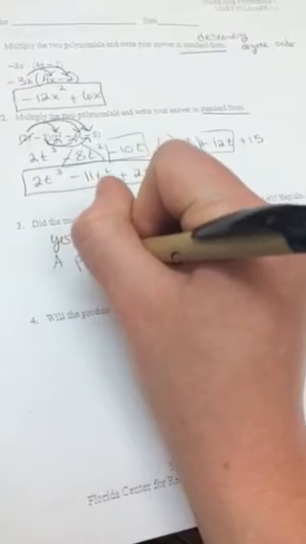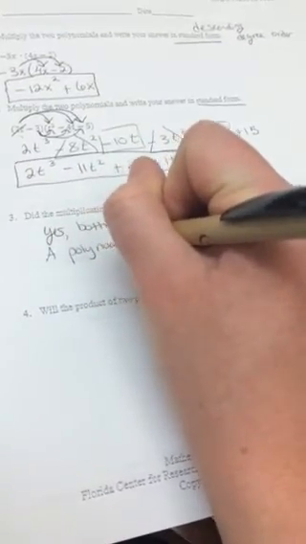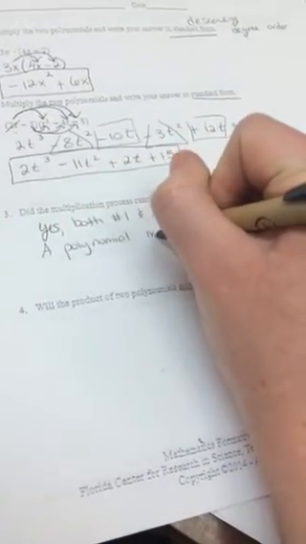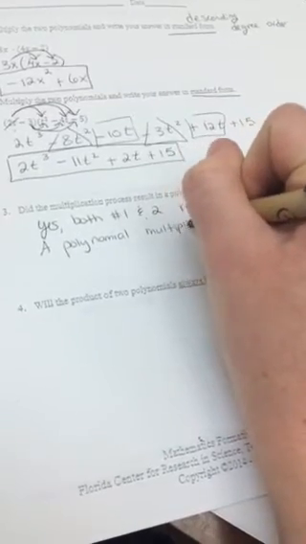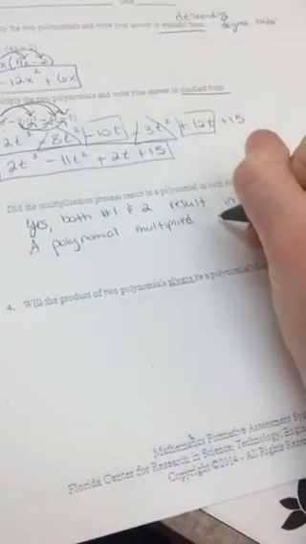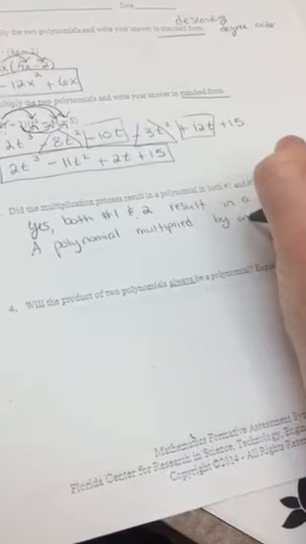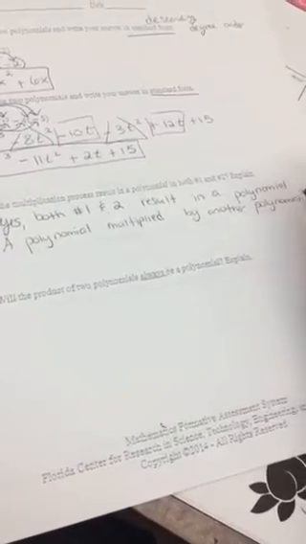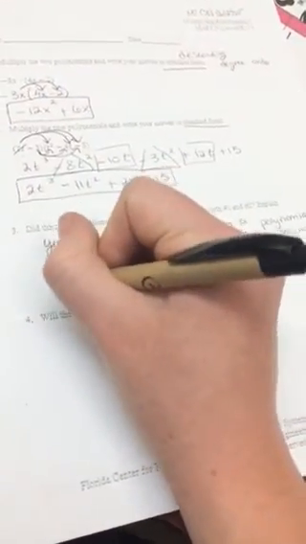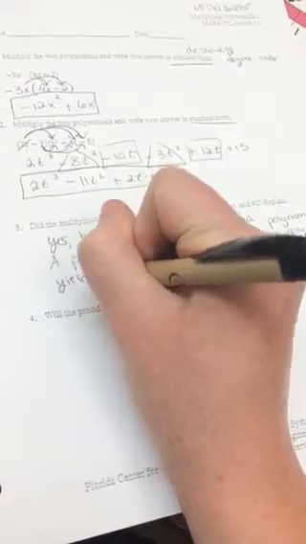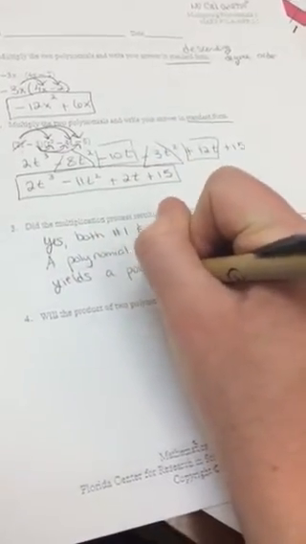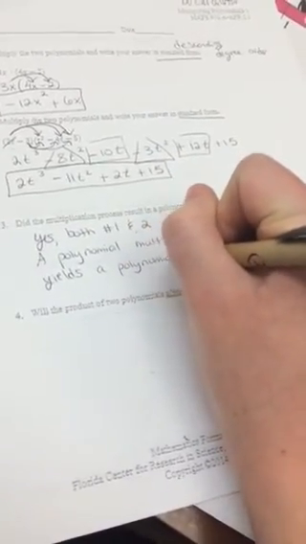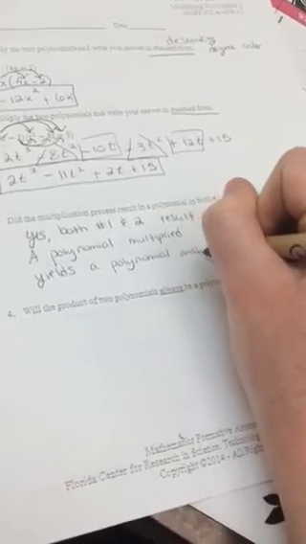A polynomial multiplied by another polynomial yields a polynomial answer.